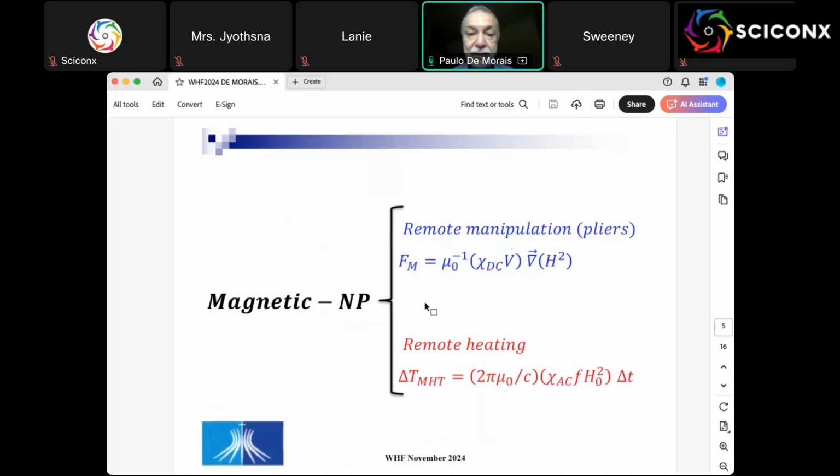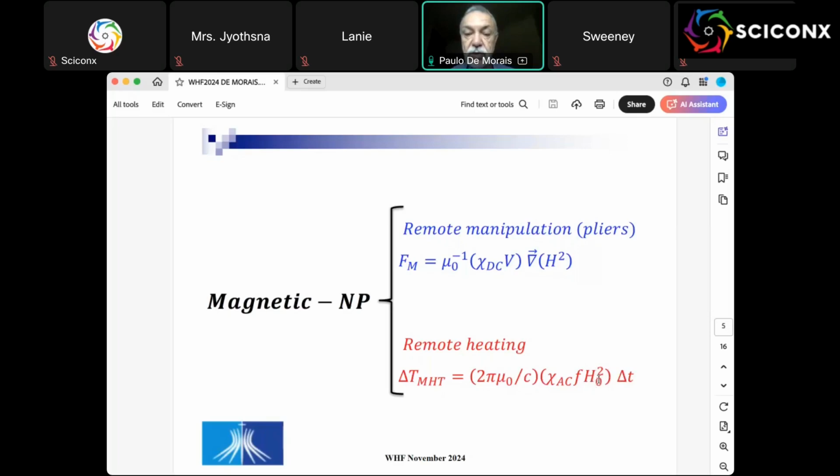And the heating is promoted by the amplitude of the applied external field, the frequency, and the AC susceptibility. So the heating, how much the temperature is increased due to the magnetic hyperthermia, scales with all these parameters. So the time, delta t, is the time that the AC field is applied.